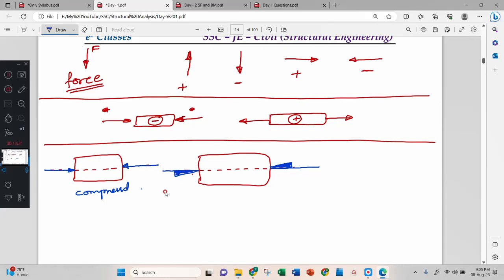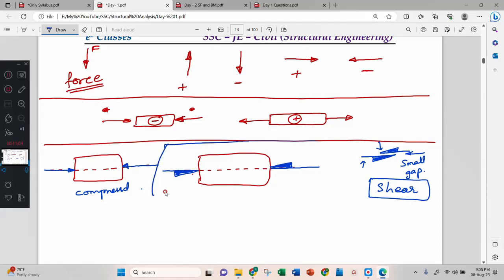In between these two forces there is a very small gap. Then these two forces will slide past each other. When they slide past each other, they create shear. Sliding is called shear. Therefore, this diagram is called a shear force diagram.